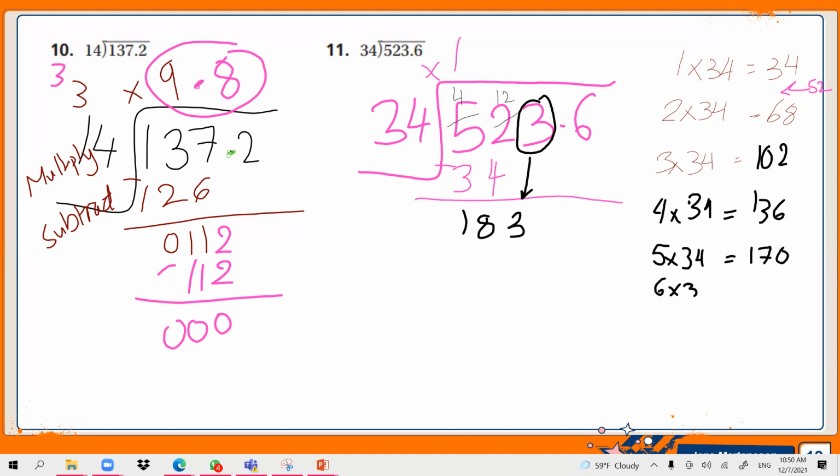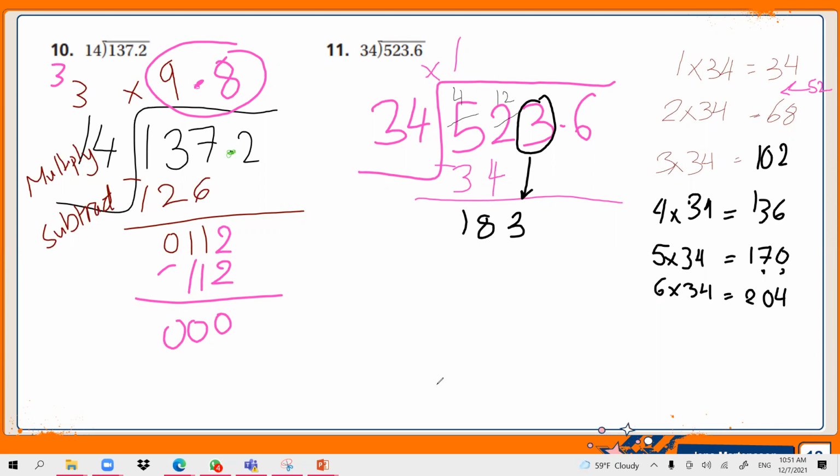6 times 34 is 213. So now, it will be between 170 and 204.